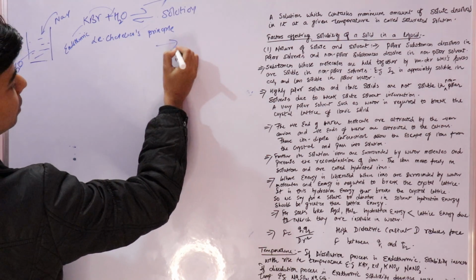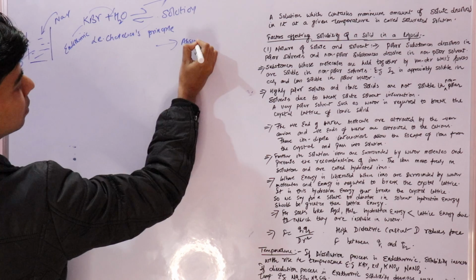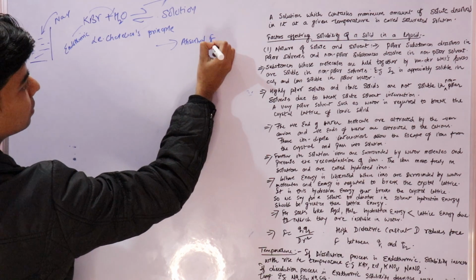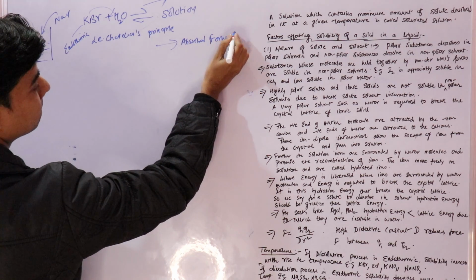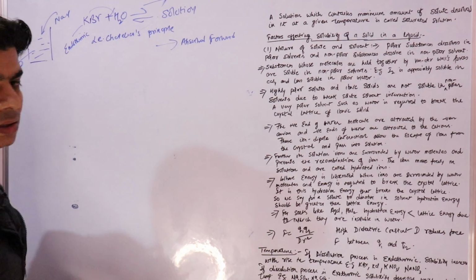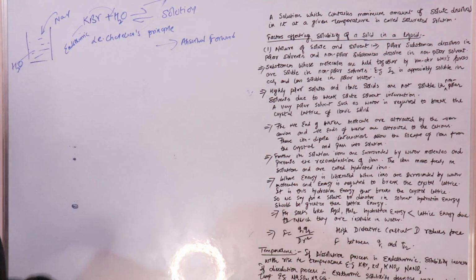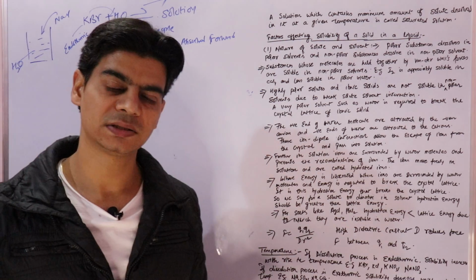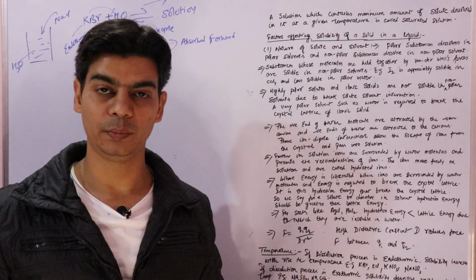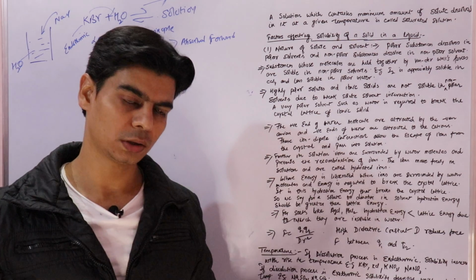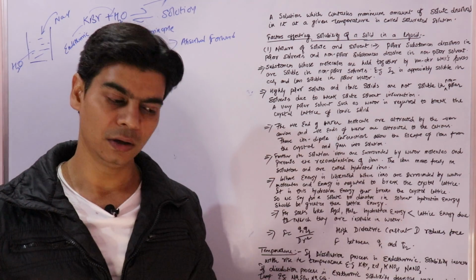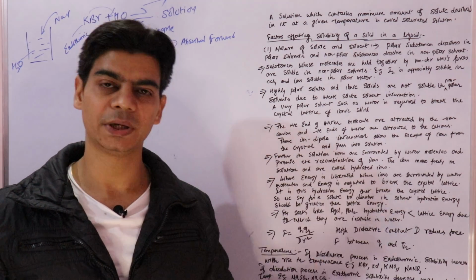Energy is absorbed in the forward direction, right, and energy is given in the reverse direction, right? So when we increase the temperature, as per Le-Chatelier's principle, this increase in temperature would be opposed, right? So this reaction will move in a direction where temperature is decreased.